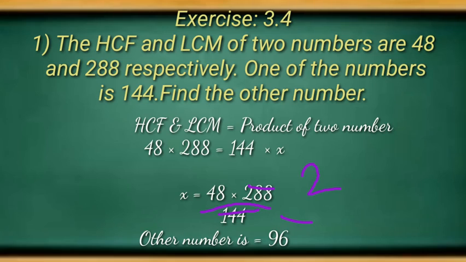You take x to the left side. x is equal to 48 into 288, divided by 144. So 144 easily cancels into 288, and you will get 48 into 2, which is equal to 96. So the other number is 96.